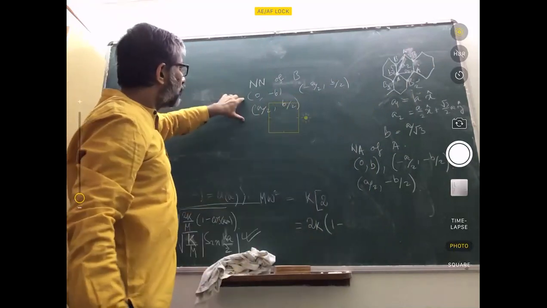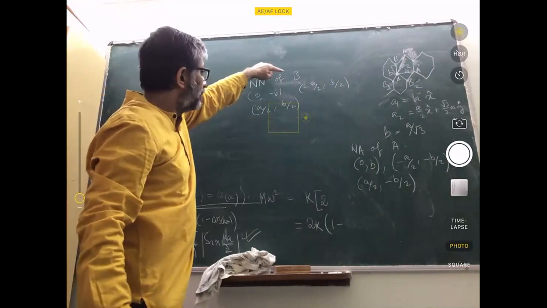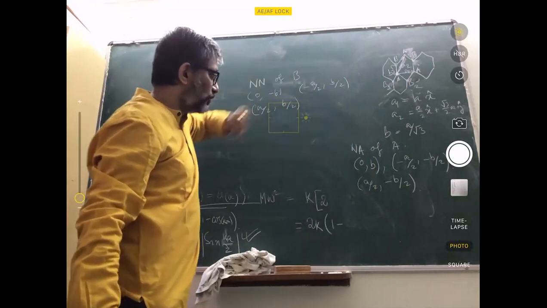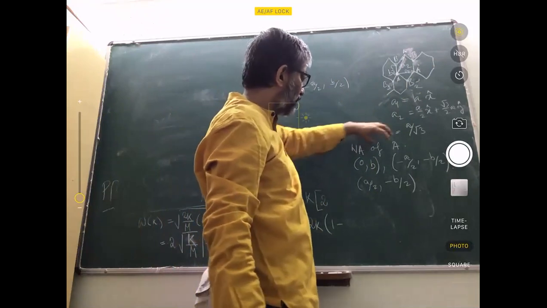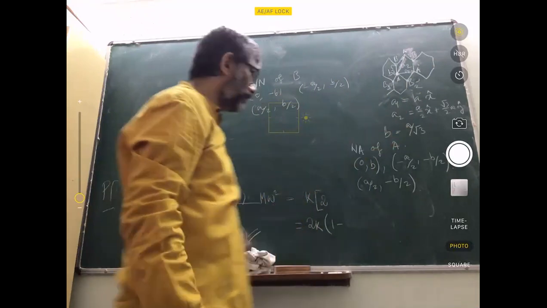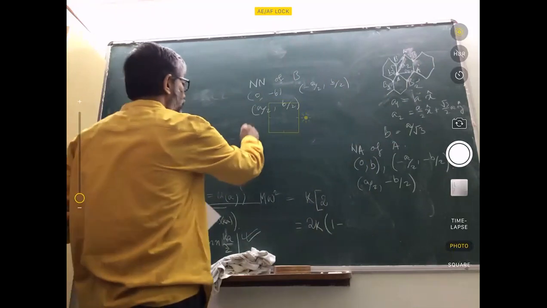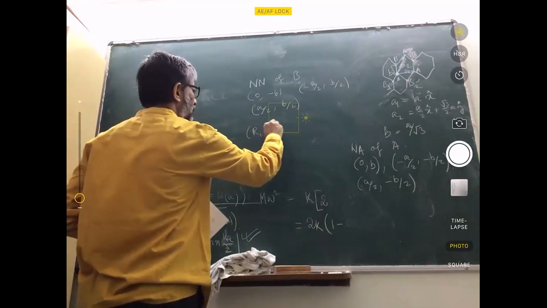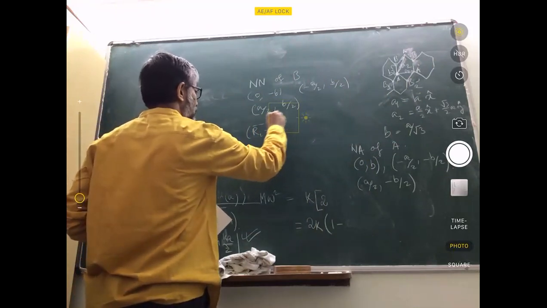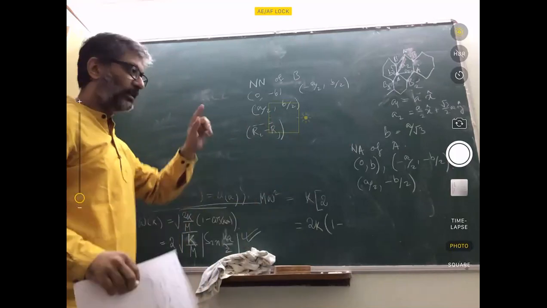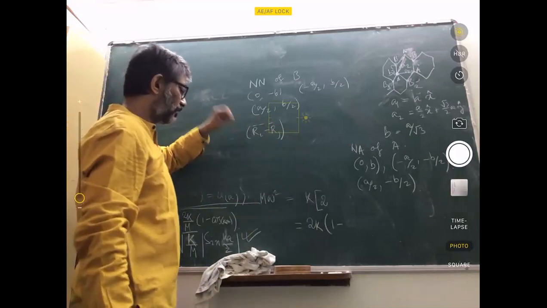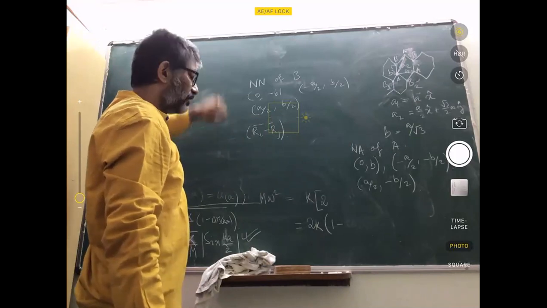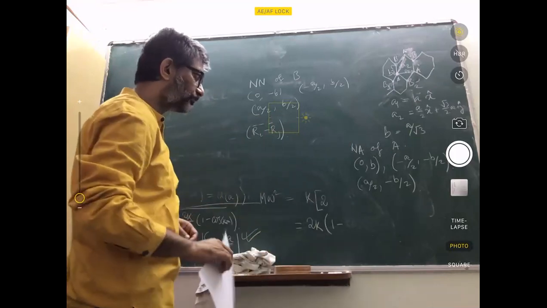So these are the coordinates of the nearest neighbors of B with respect to B, and these are the coordinates of the nearest neighbors of A with respect to A. So once you have that, you have those Ri minus Rj's that come in the exponential e to the i k dot (Ri minus Rj).